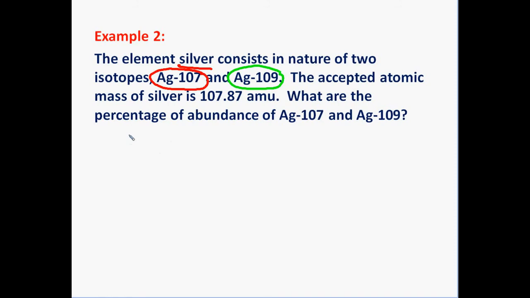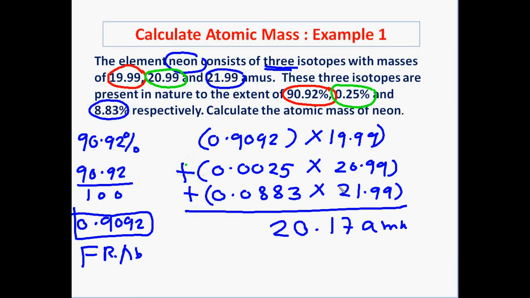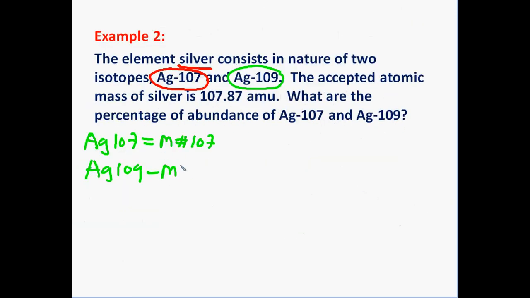What this means is Ag107 means the mass number for Ag107 is 107, and for Ag109 the mass number is 109.